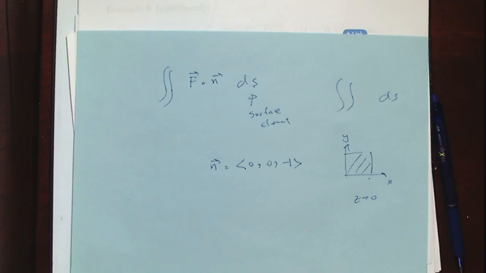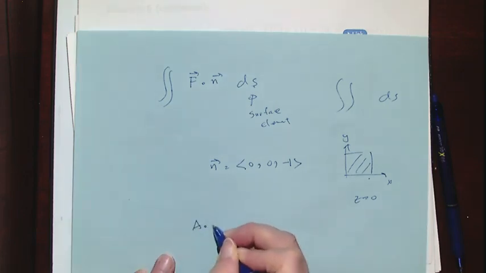Now, tell me, which one of these vector fields gives you F dot n? So A is going to be 0, 0, and a negative value, dotted with negative 1, it becomes a positive value. So A dot n is what?